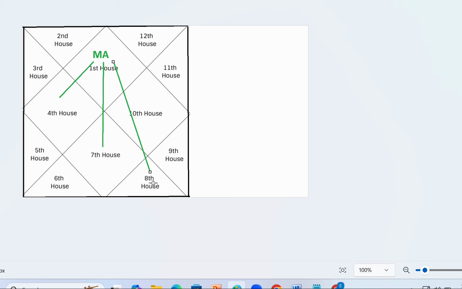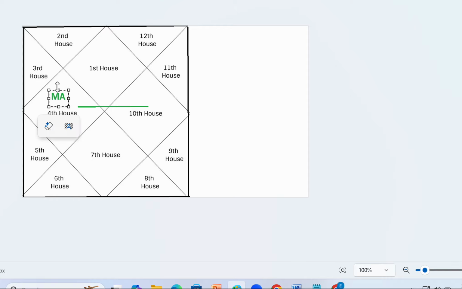Okay. Now I'll give you another scenario. Now Mars is sitting over here, debilitated. But it's going to give drishti. First, the easy one is the opposite drishti, directly opposite to this house. Every planet gives drishti to the seventh house, the direct drishti.